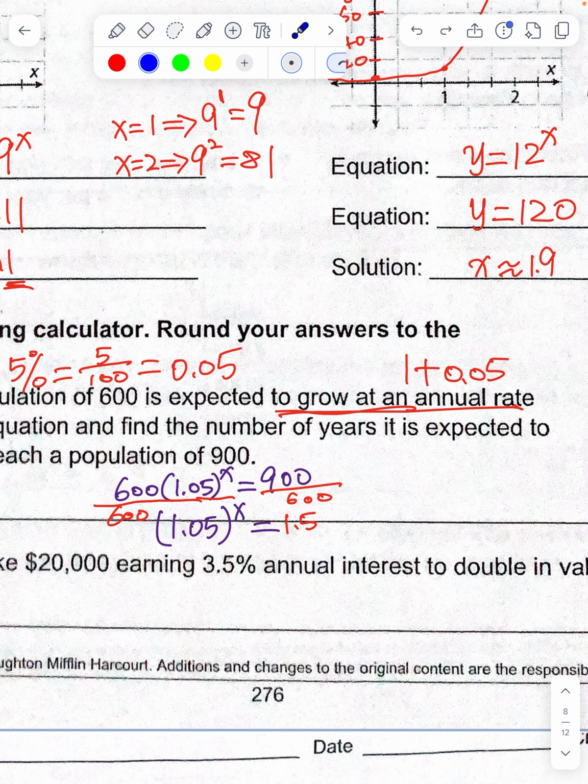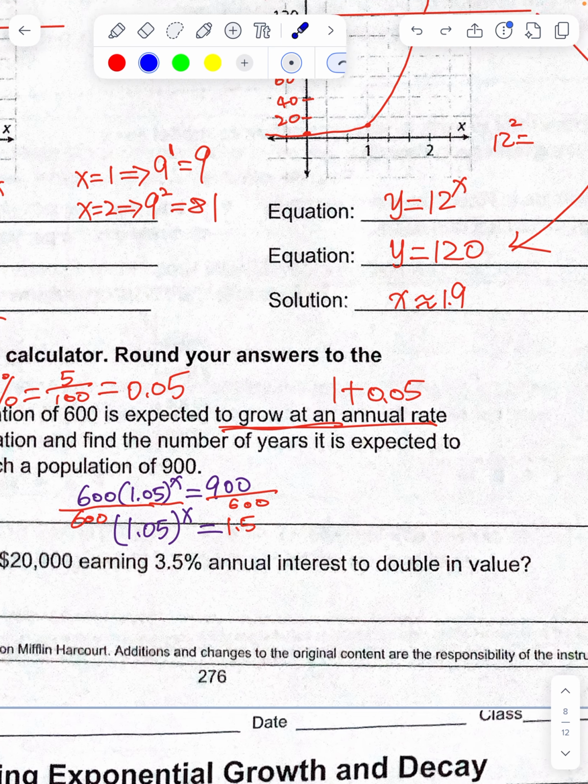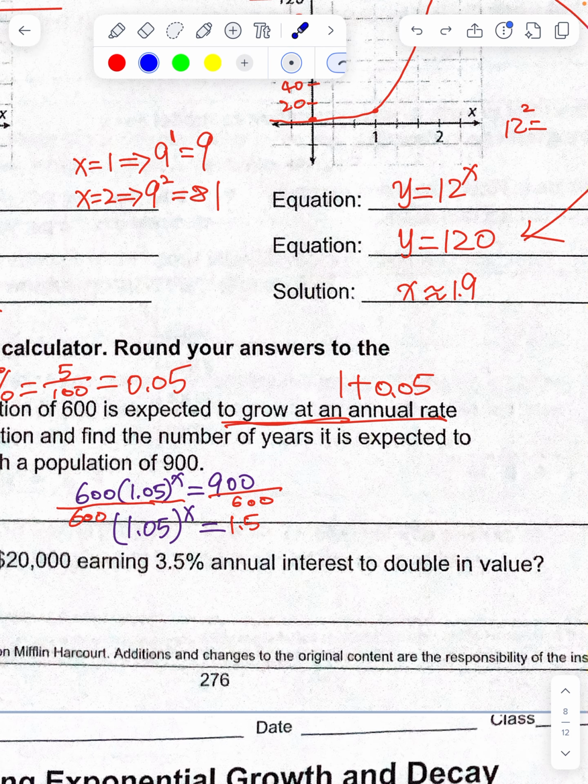You can do 1.05 times 1.05, this is 1.1. Keep multiplying 1.05, 1.15. Oh, it's going to take a while.